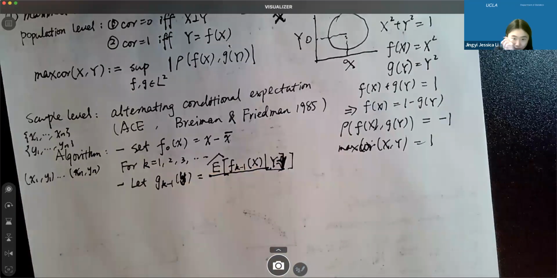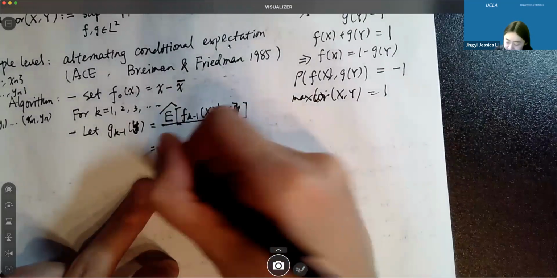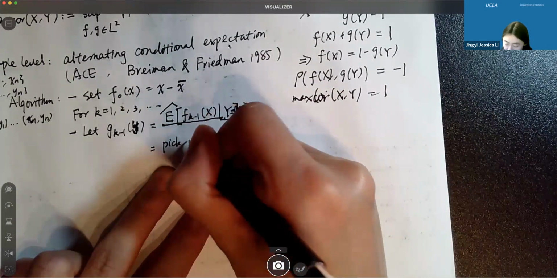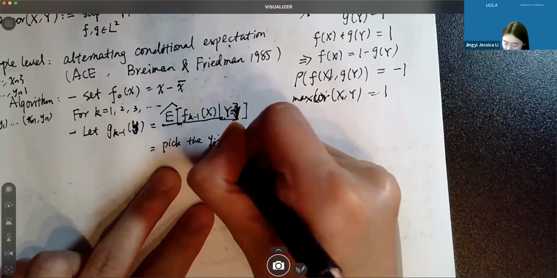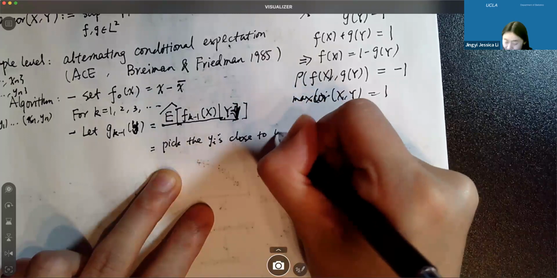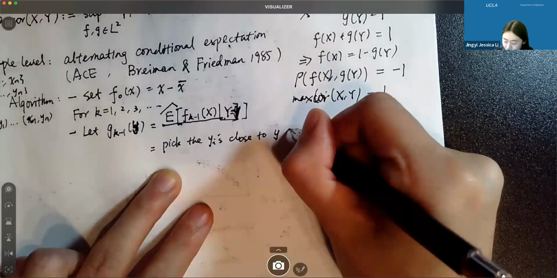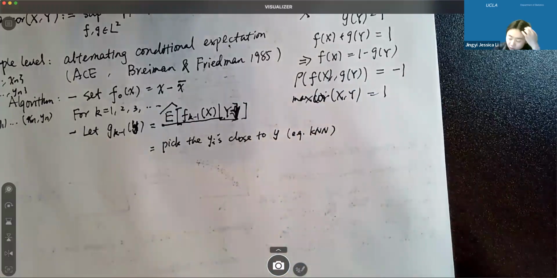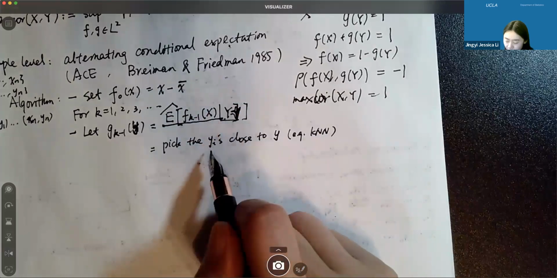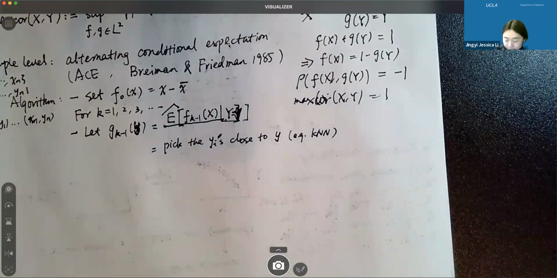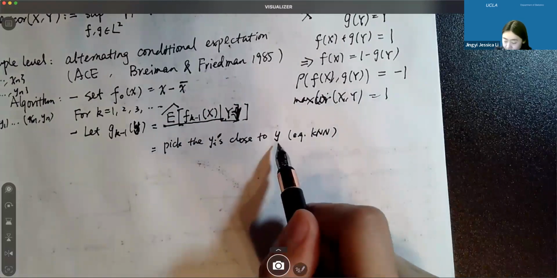To estimate this, basically what you're doing is that you pick the yi's that are close to y. For example, you may do the KNN approach, k nearest neighbor, that's one approach. Or you may define another way to consider yi to be equal to y. You may not have exactly equal, but you just pick the ones that are close to y.